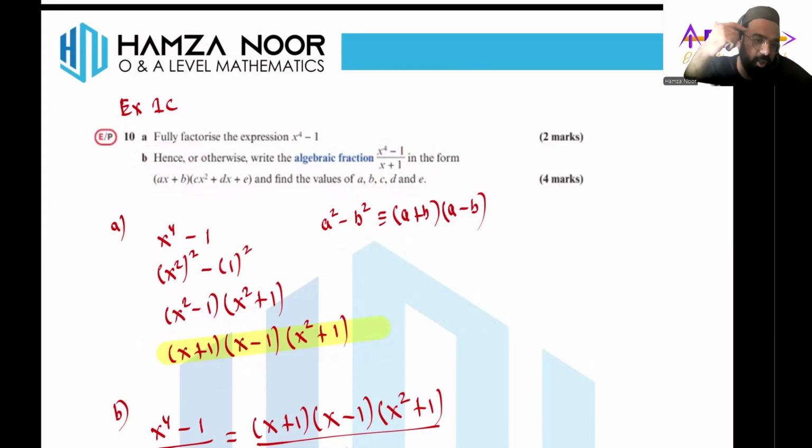Hence means we are using the outcome of part A, the answer of part A, in our further calculations. I'm going to talk about this otherwise, the alternative approach, on the very next page. On this page specifically, I'm going to talk about this hence.